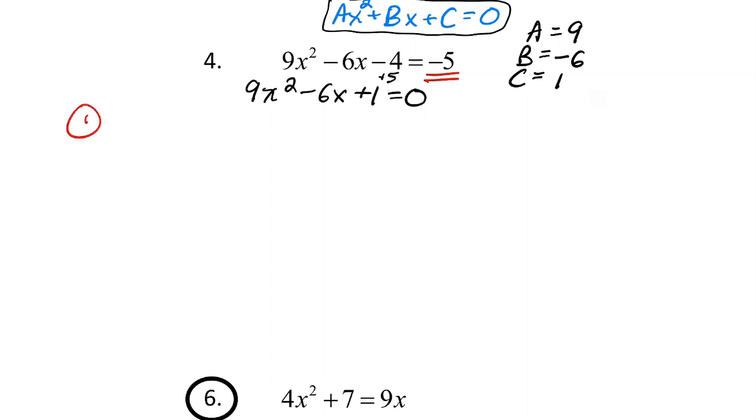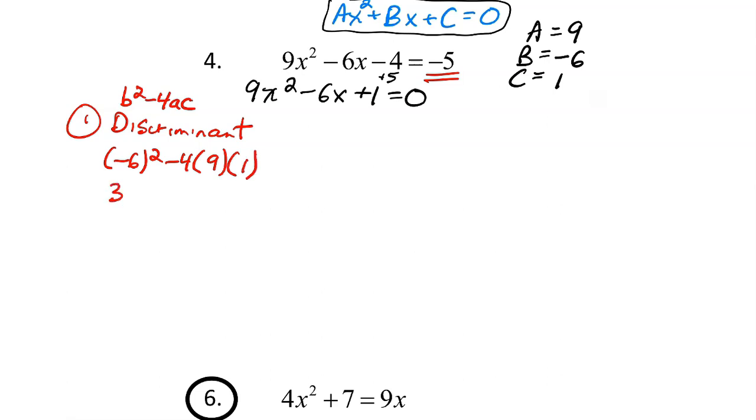So the first thing we do is find the value of the discriminant. The value of the discriminant would be b squared minus 4ac. b squared would be -6 squared minus 4 times a times c. We get 36 minus 36, and we get 0, which is a pretty nice answer.